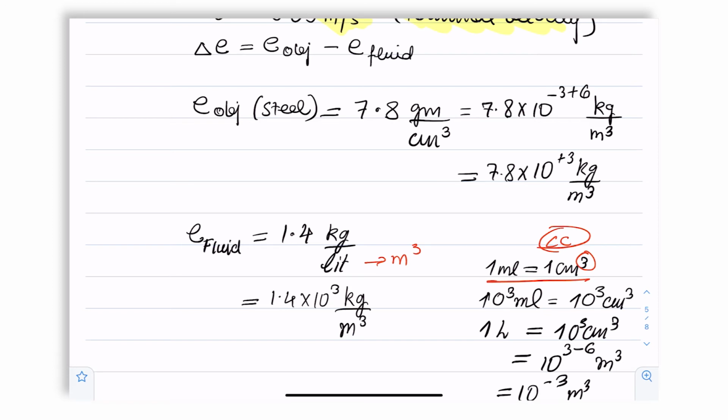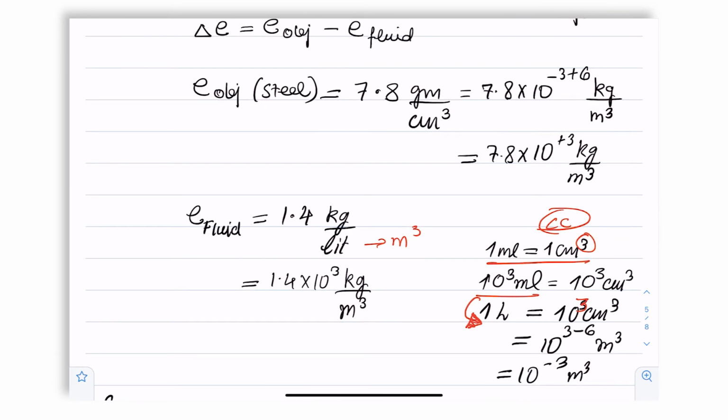Therefore, 10 to the power 3 ml is 10 to the power 3 centimeter cube, cc. 10 to the power 3 ml is 1000 ml, which is 1 liter. 1 liter is 10 to the power 3 cm cube. But cm cube to meter cube is 10 to the power minus 2 into 3, that is minus 6. Therefore, 3 minus 6, therefore, we end up with minus 3.